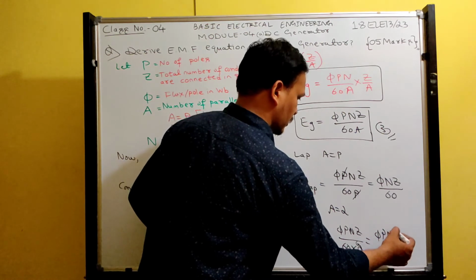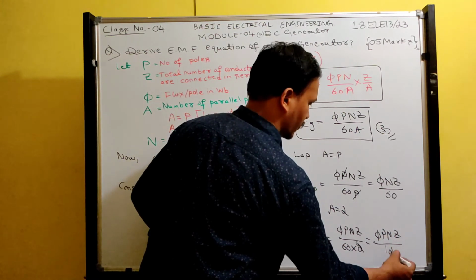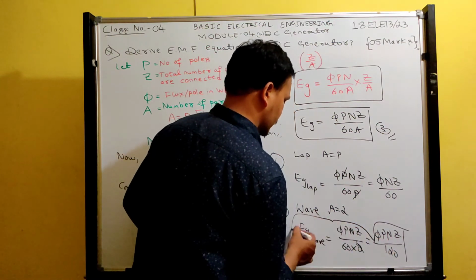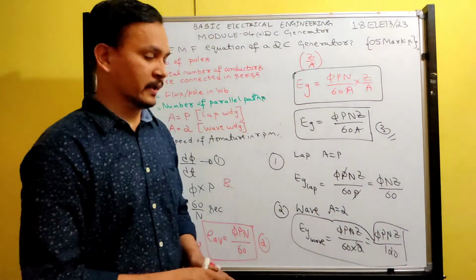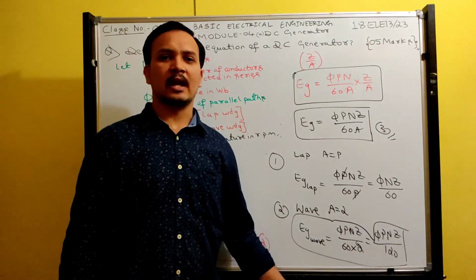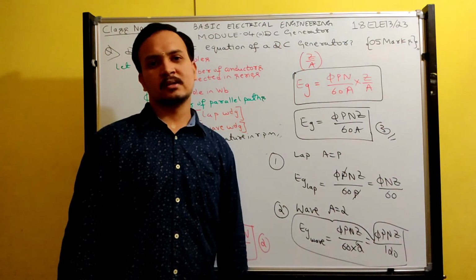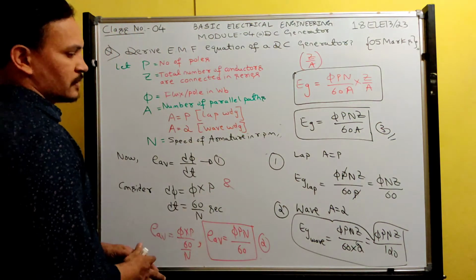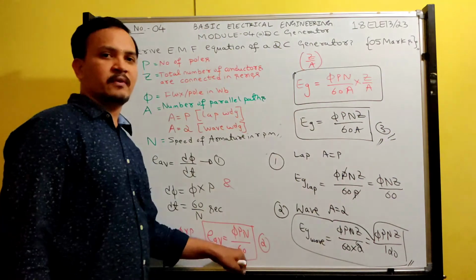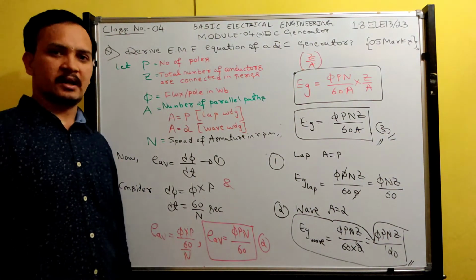Therefore, we can write phi P N Z by 120. So this will be the separate equation for wave winding: EMF generated in wave winding is phi P N Z by 120, and for lap winding phi N Z by 60. Okay, got it, guys? So this completes deriving the EMF equation of a DC generator.